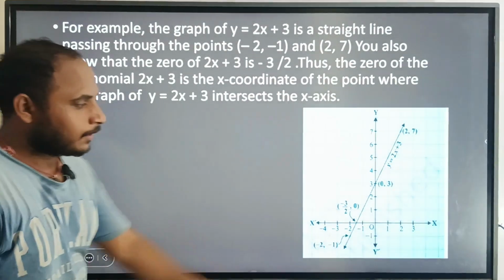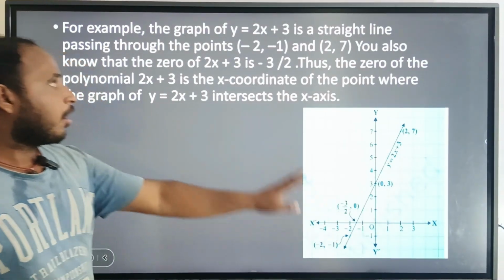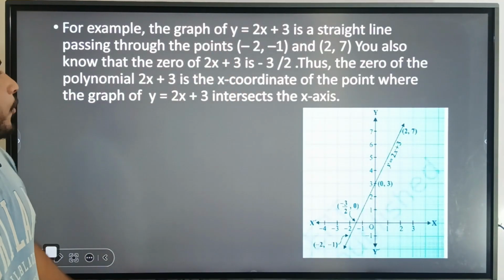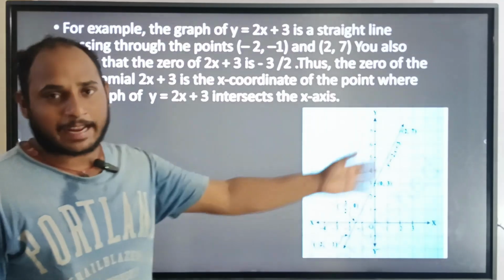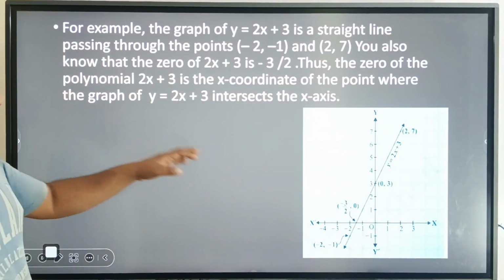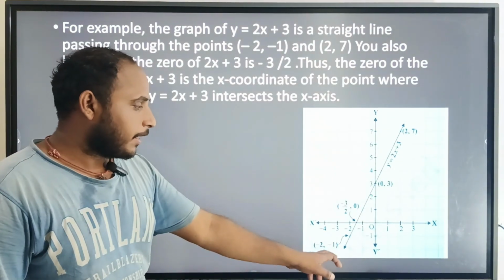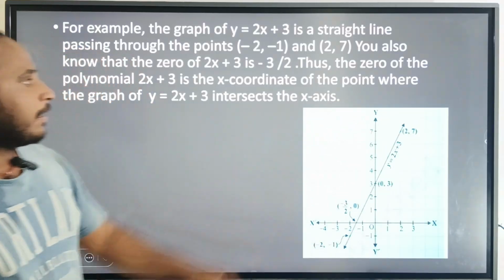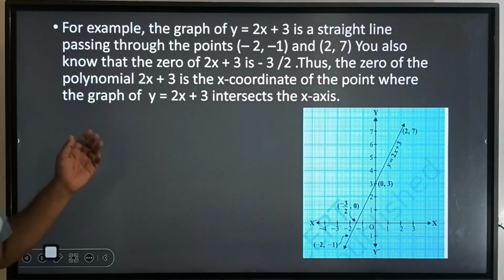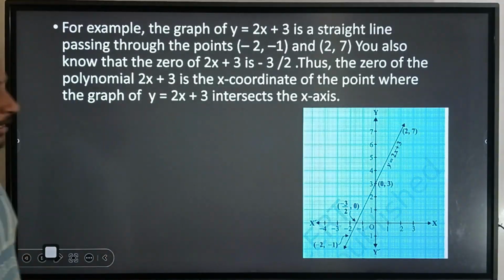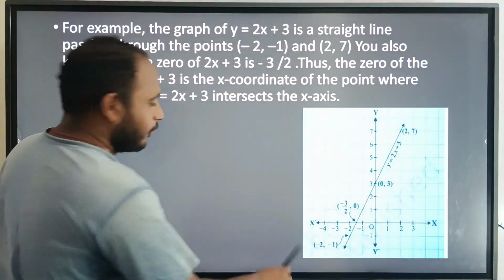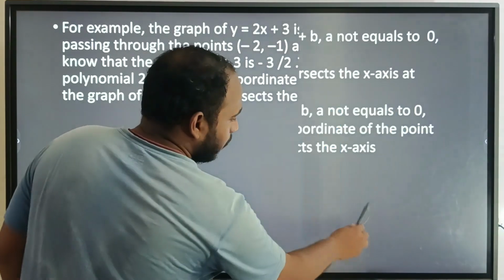For example, this is the graph of the linear polynomial y equals 2x plus 3. The graph of the linear polynomial is a straight line and it passes through the points minus 2 comma minus 1, minus 3 by 2 comma 0, 0 comma 3 and 2 comma 7. The 0 of the polynomial 2x plus 3 is where the line intersects the x-axis.